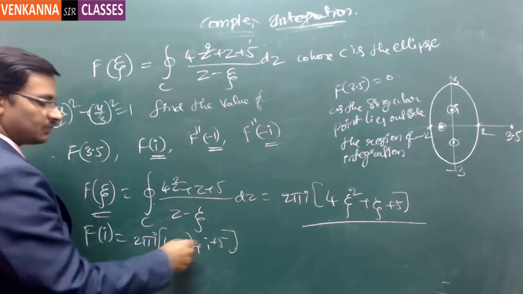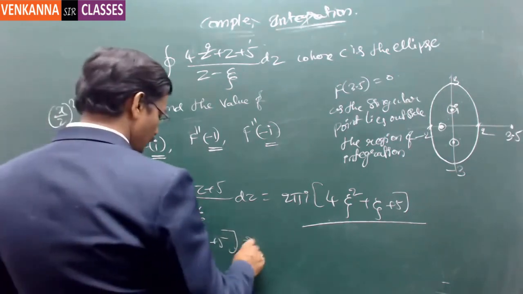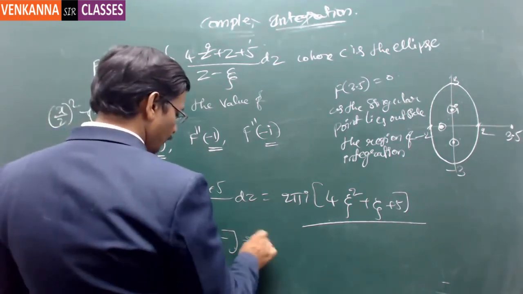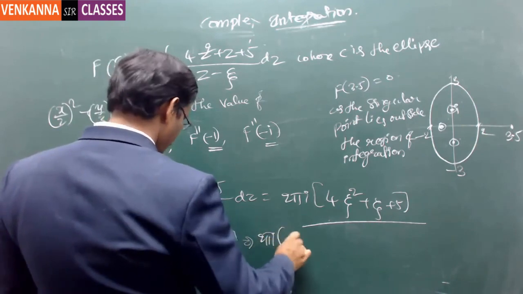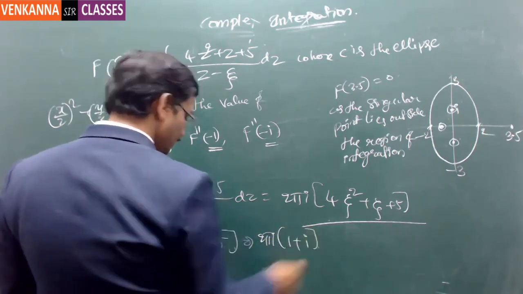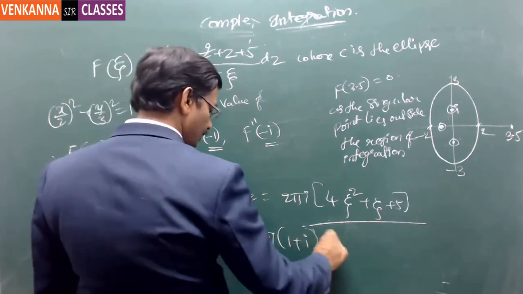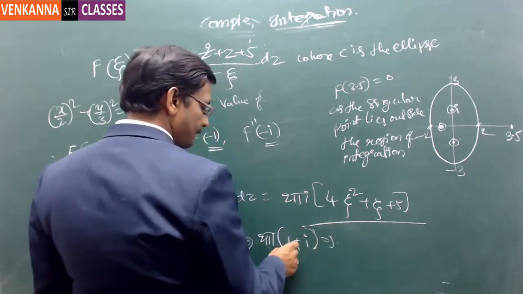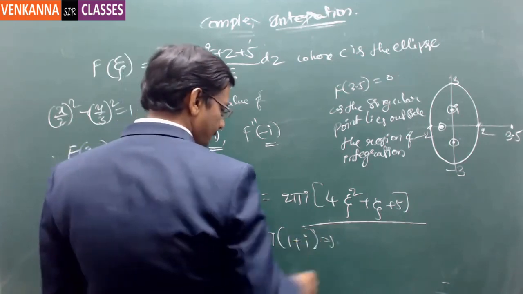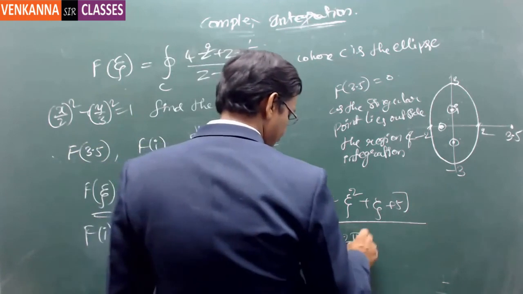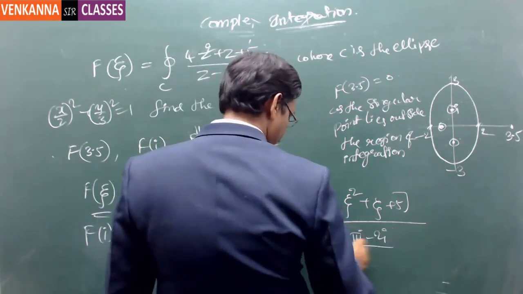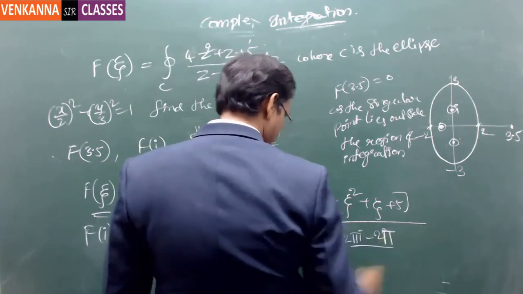So minus 4 plus 5 is 1, so 1 plus i, times 2 pi i. So this is 2 pi i minus 2 pi. So this is one value.